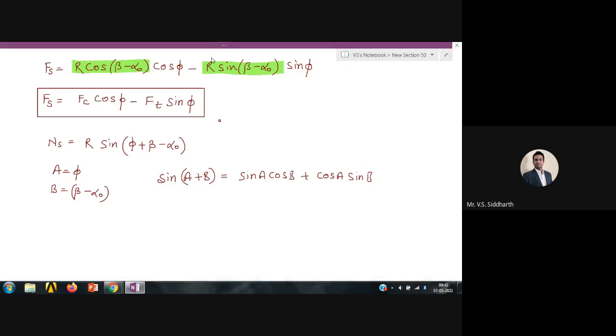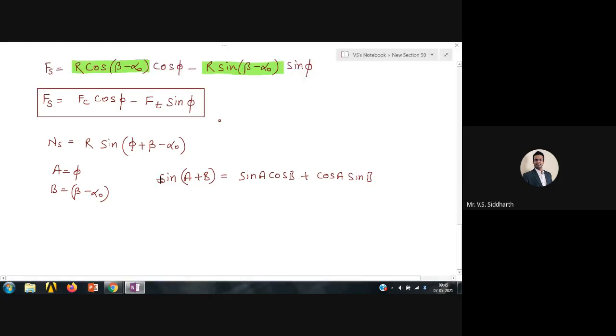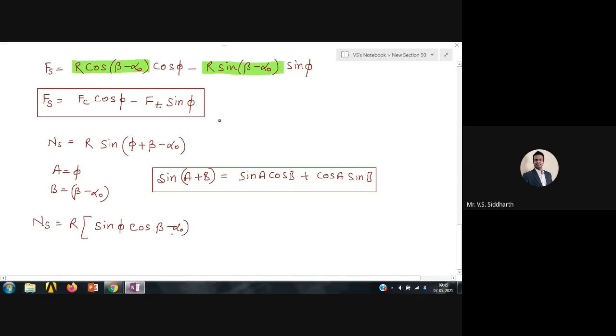Sin A cos B plus cos A sin B. This formula all of us know. So now apply it. Ns equals R sin phi cos(beta minus alpha naught) plus cos phi sin(beta minus alpha naught).